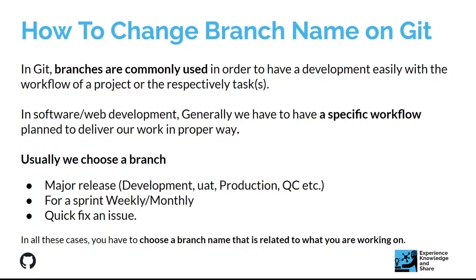Apart from that, we can create branches for sprints, like a monthly sprint, weekly sprint, or some particular task assigned. We usually also create branches for quick fixes and issues. In all these cases you have to choose a branch name that is related to what you are working on. The name should always be related to our workflow.